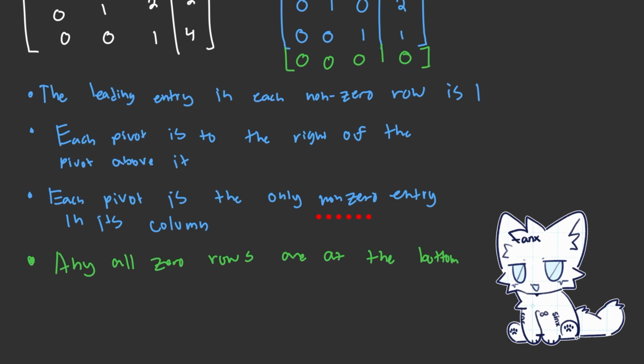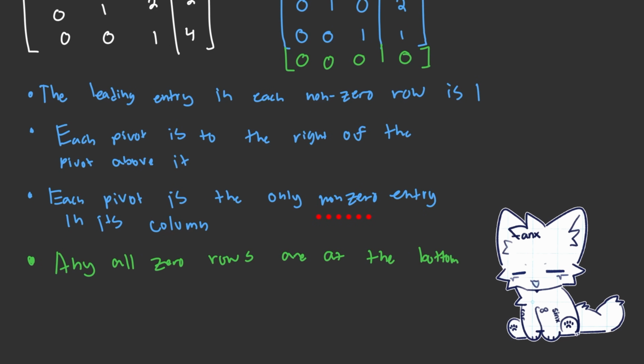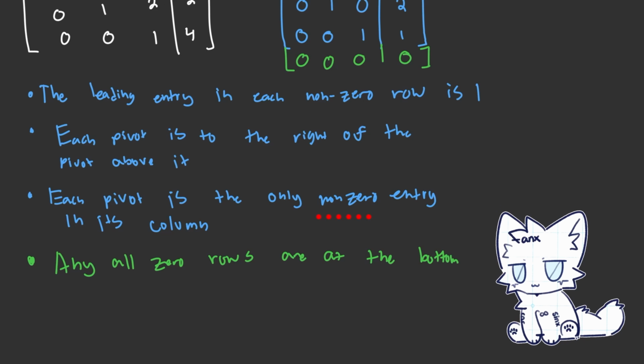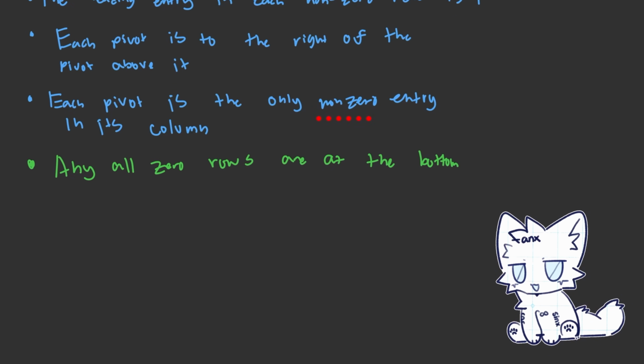Does that make sense? All right, let's go on to identifying some matrices in the form of row echelon form or reduced row echelon form.